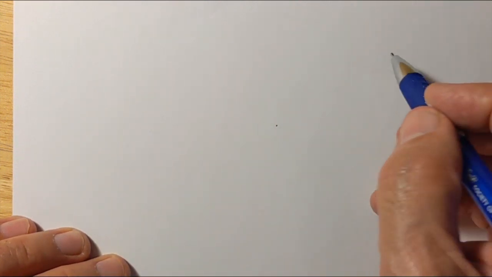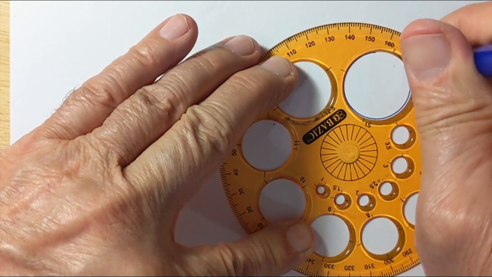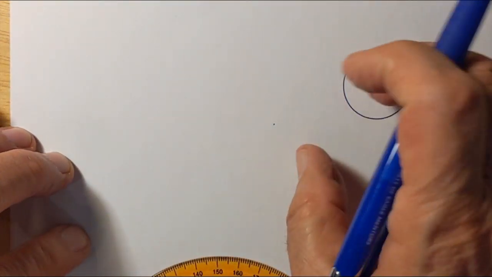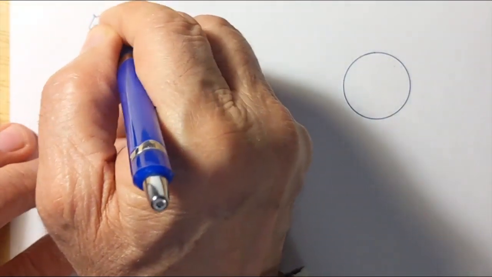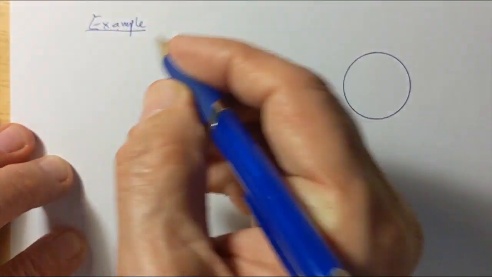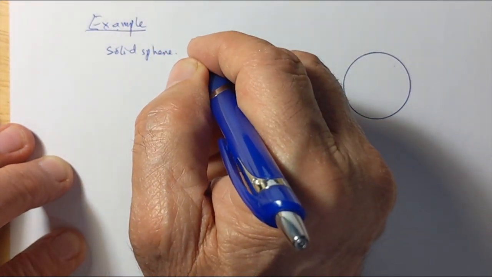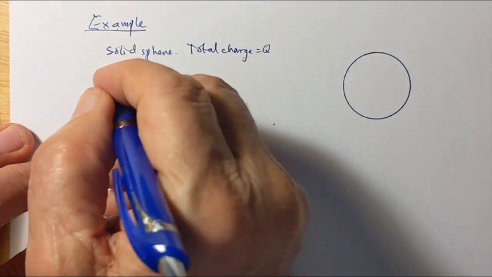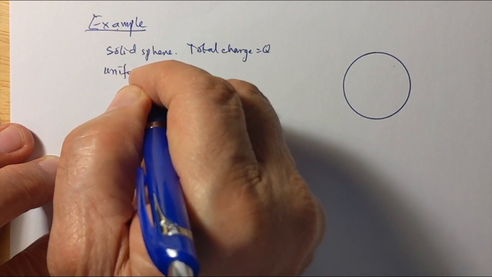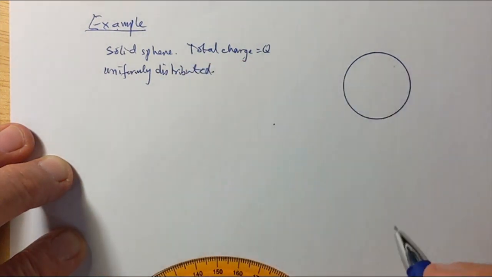Let's suppose that we have a solid sphere with a uniform charge distribution, same condition as before, solid sphere, and the total charge is q, and it's uniformly distributed in the entire volume.